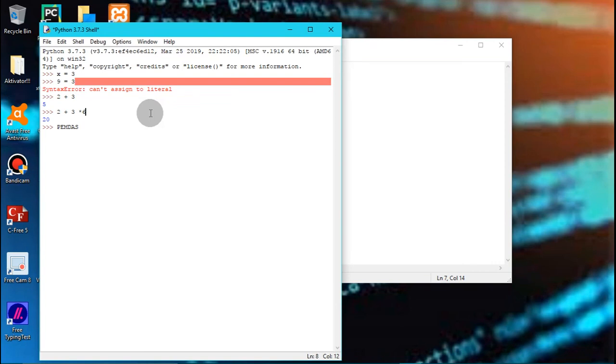So in this case, we have multiplication before addition. So 3 times 6 is 18, 18 plus 2, and you got 20. So that's just the simple rule PEMDAS.